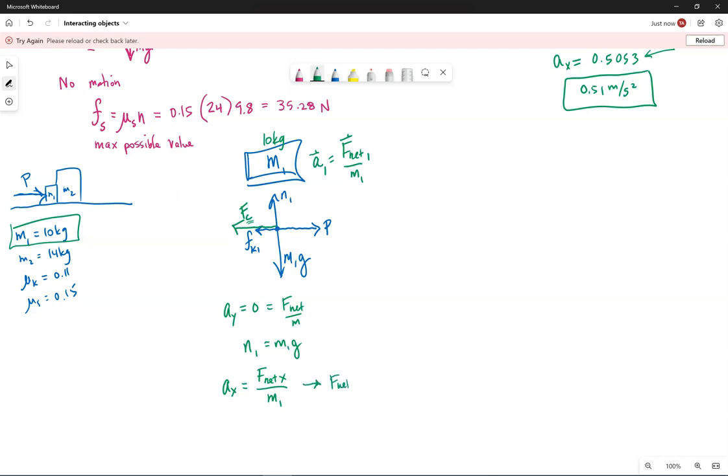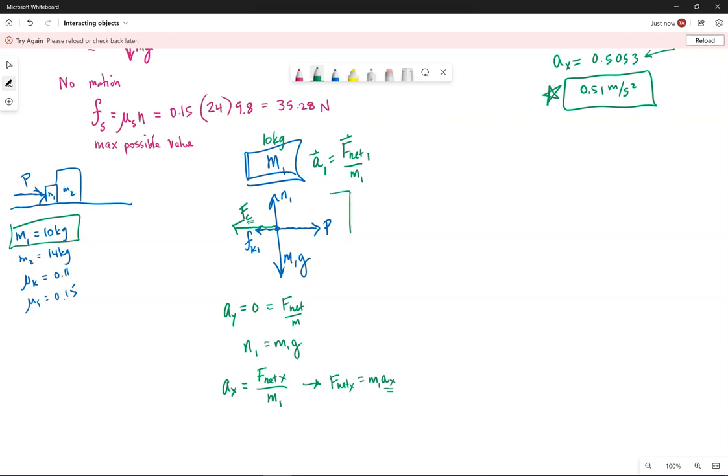We can write this as net force in the x direction is the mass of this box times its acceleration. Well, we calculated the acceleration above. Now, granted, we talked about these boxes as if they were one, but whether they were one big box of 24 kilograms or these two individual boxes, they're going to have that same acceleration. So we actually know the value of this acceleration. What we're doing is we are relating that back to the forces.